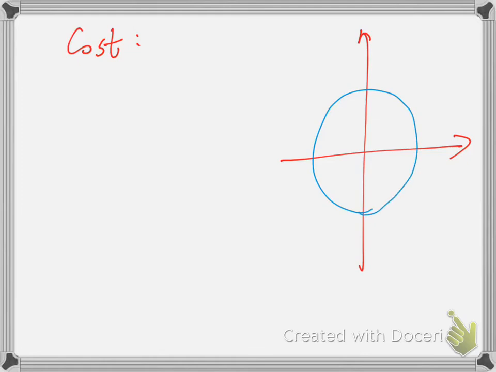Now we do the same thing for cosine t, where t is the angle. We need the unit circle again. Any point here is cosine t, sine t.